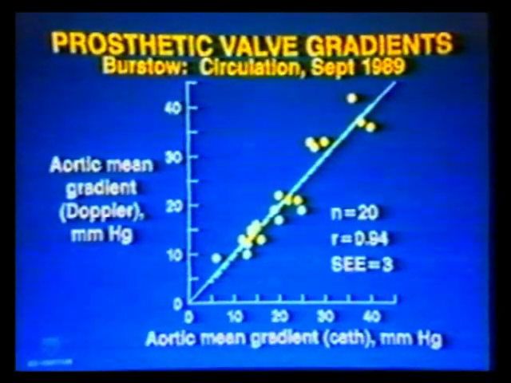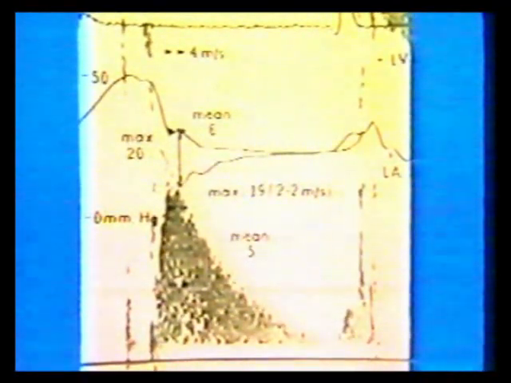For 12 of the 20 mitral prostheses, the mean gradient was determined by transseptal catheterization with a direct measurement of left atrial pressure, while a second catheter was used to measure left ventricular pressure.